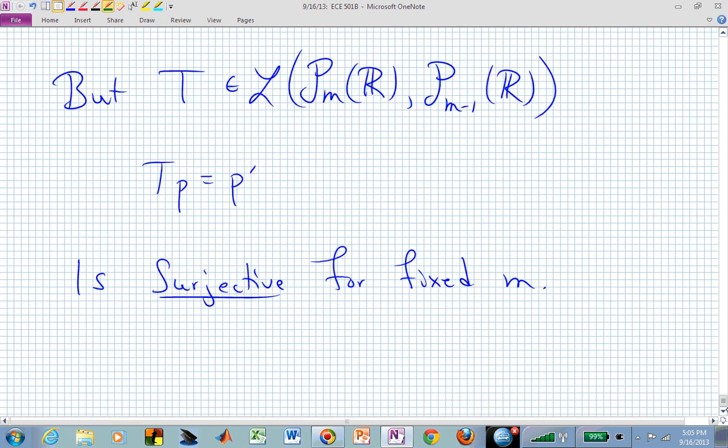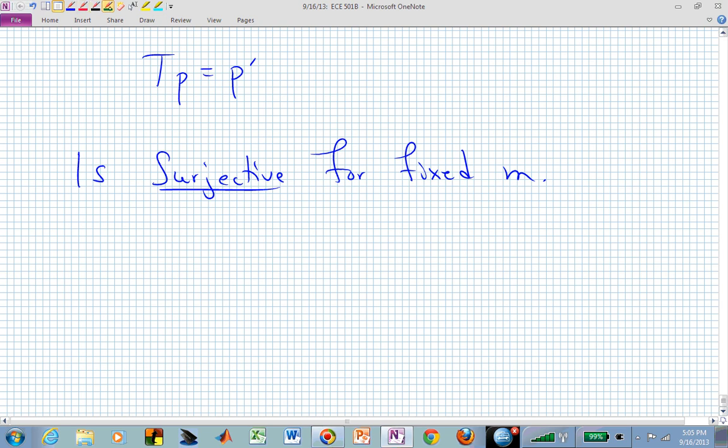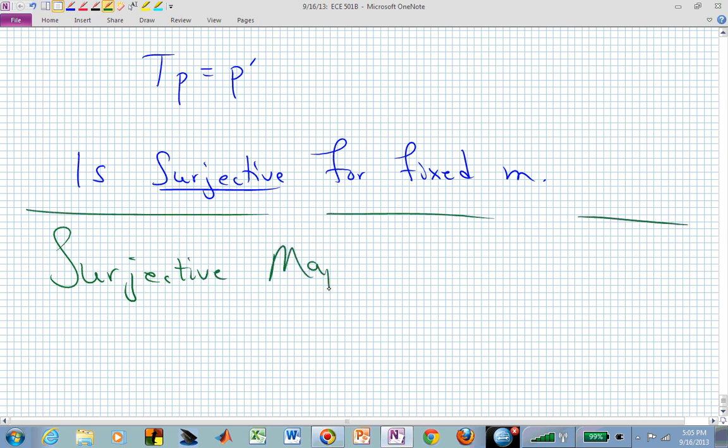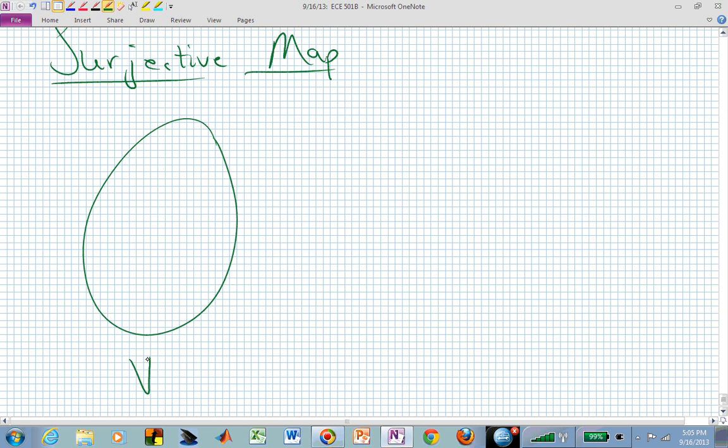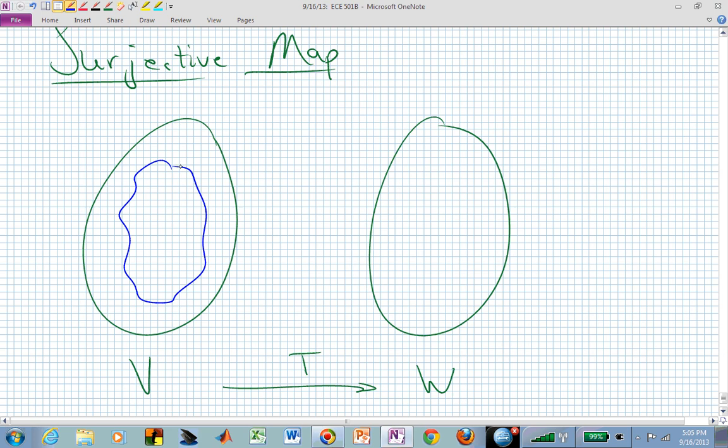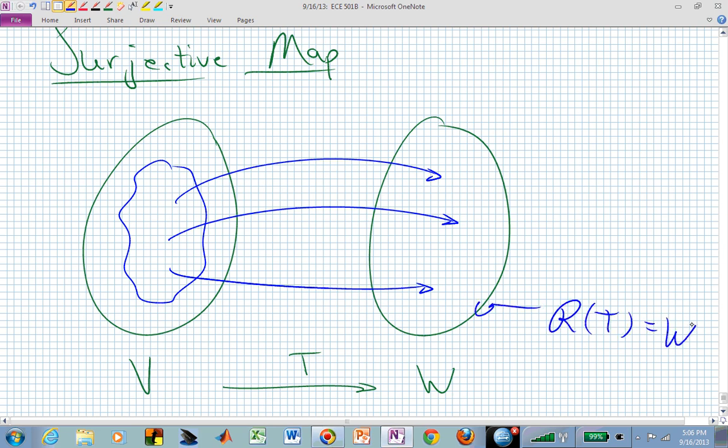So a picture, which I'm not really going to show as cleanly, is if we start with this domain V, and we end with W, and we're mapping through T, then the range of T is equal to the codomain W, is what we mean.